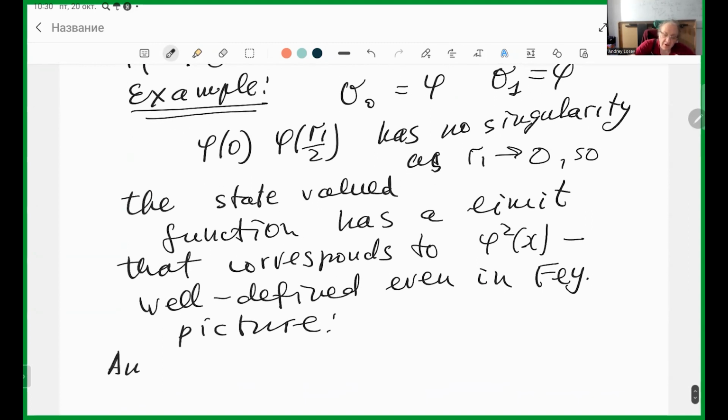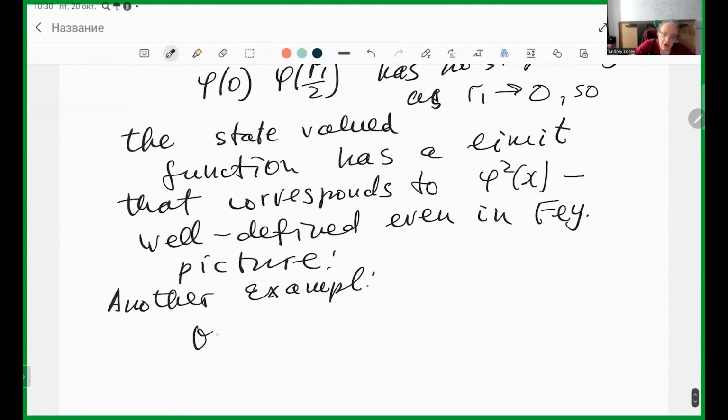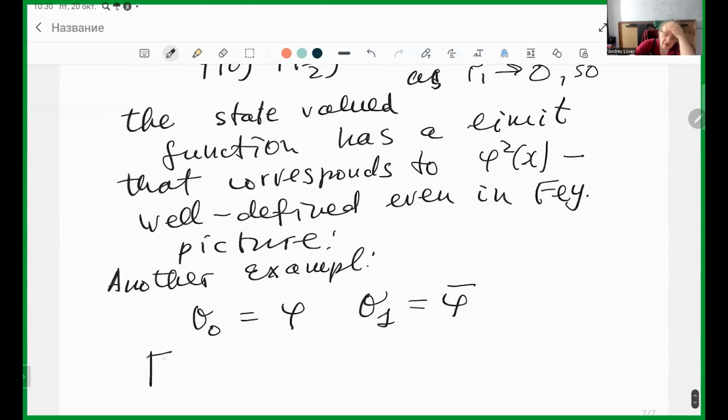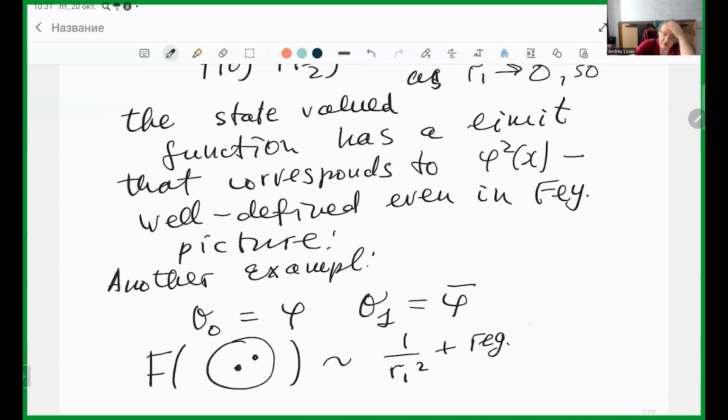Another example. O0 is phi, O1 is phi bar. Then this function behaves like 1 over R1 squared plus regular terms.